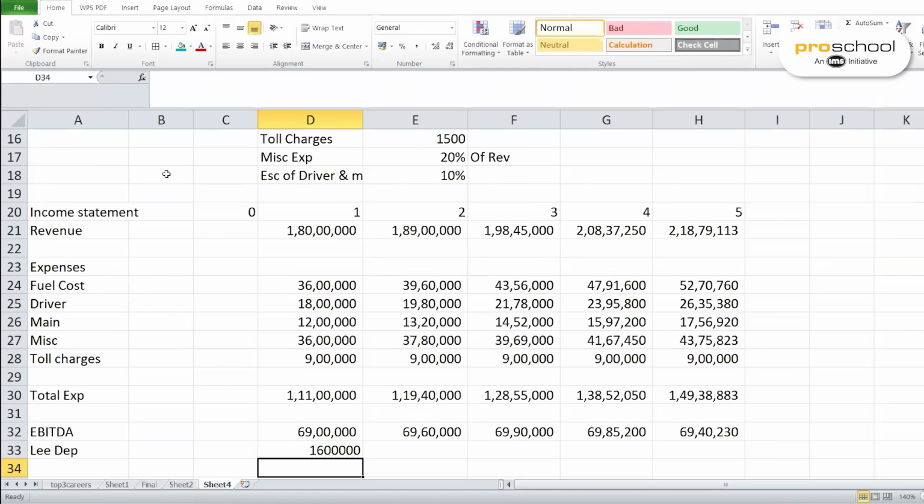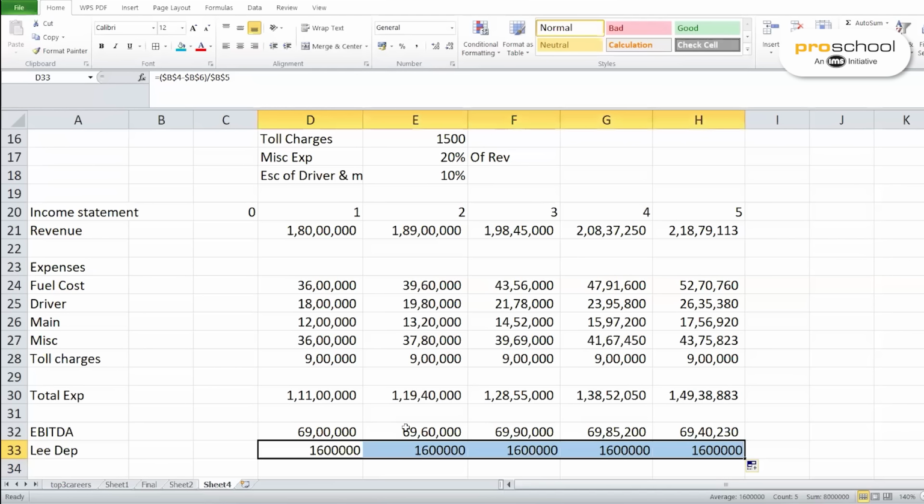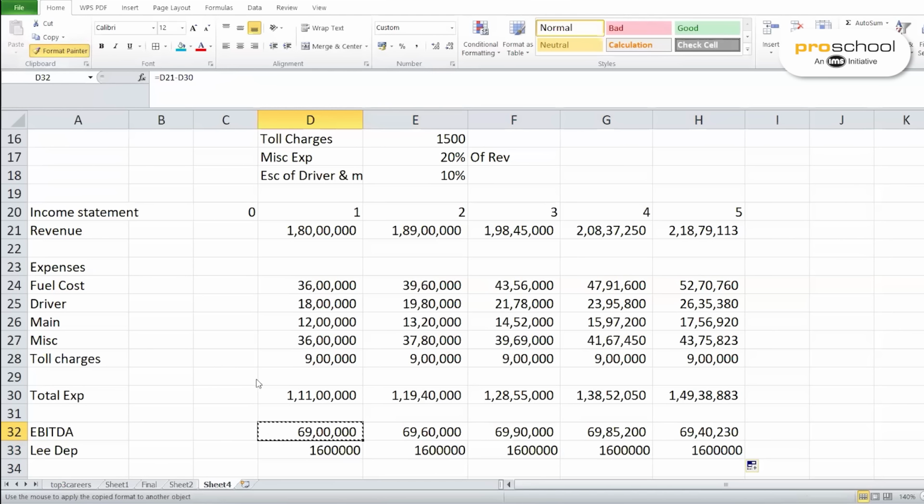But I have assumed the straight line. So this depreciation will not change year after year. So what I have to do is, when I am using the formula, I have to freeze each and every cell over here, so that when I drag it, my figures do not change year after year. See this. Now when I drag it, the figures will not change. Right? So this is the best part of Excel.